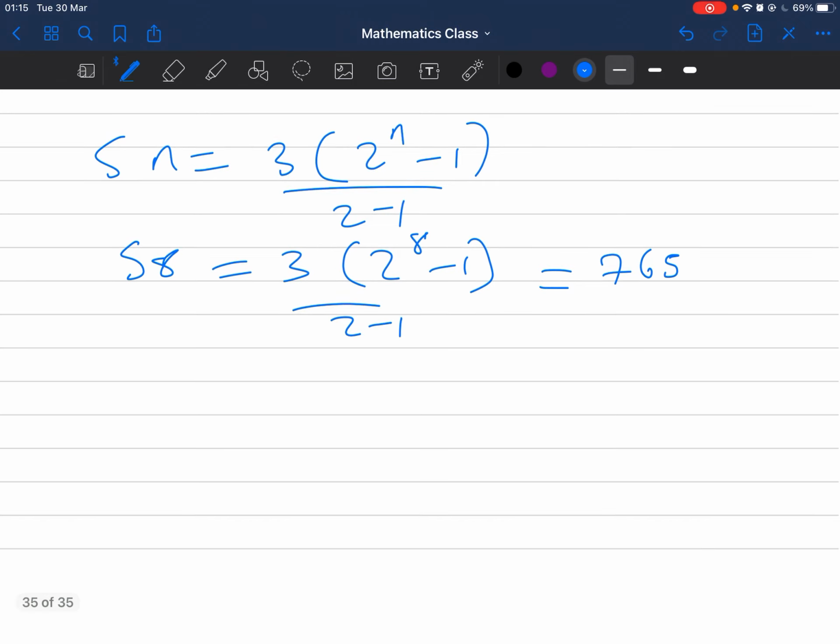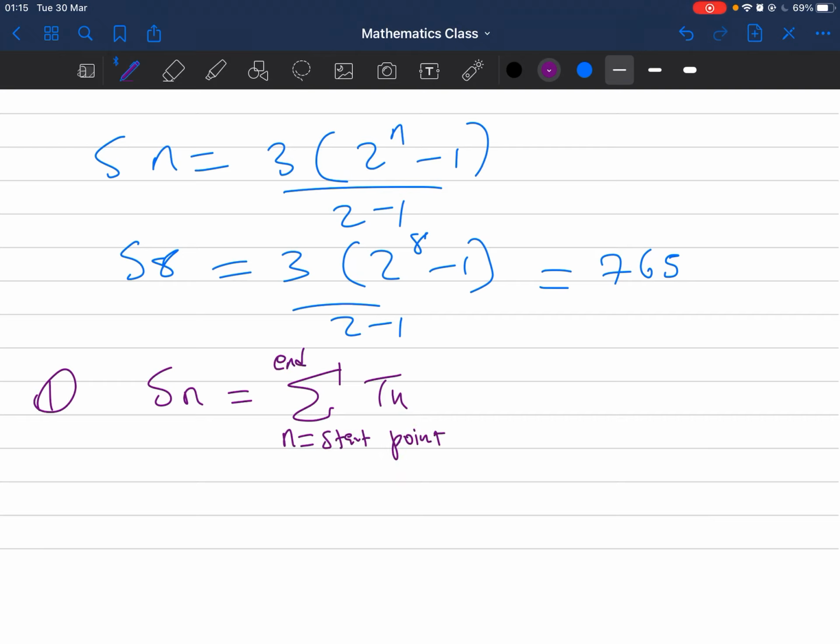That's your S8. So, to recap, number 1, we've learned that Sn is the sum of Tn. Tn is the general formula where n starts from the starting point and ends on your end point.